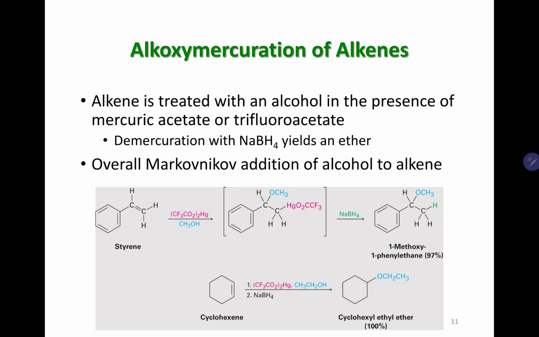And the reaction alkoxymercuration for the synthesis of ethers is very similar. You are using an alkene, of course, and then you are using a mercuric compound, but you are not using acetate, you use Hg(CF3CO2)2 as the mercuric compound.